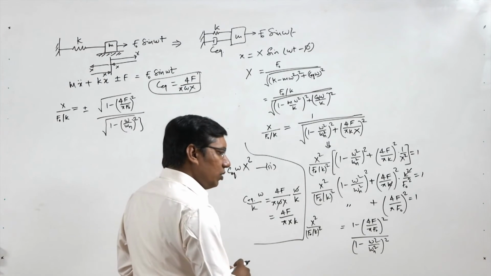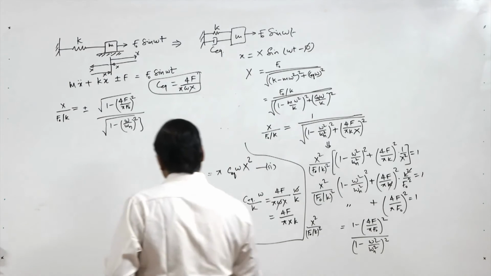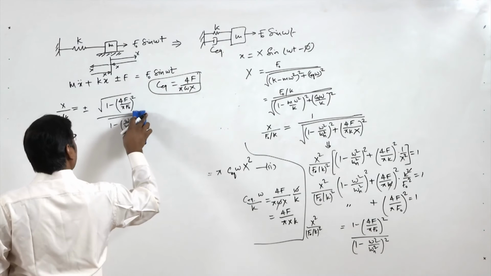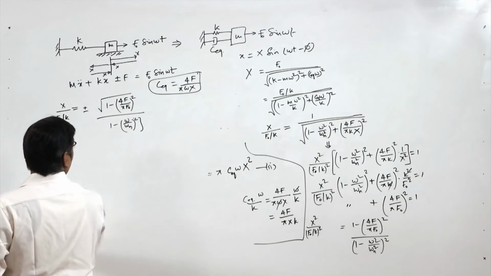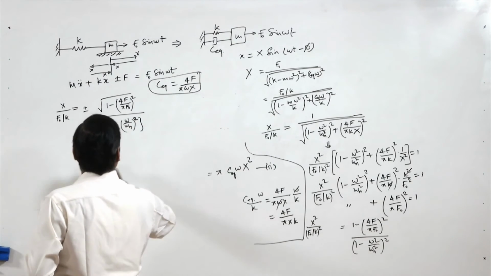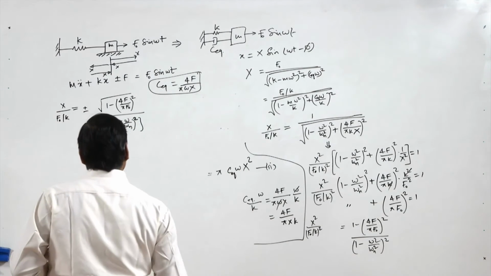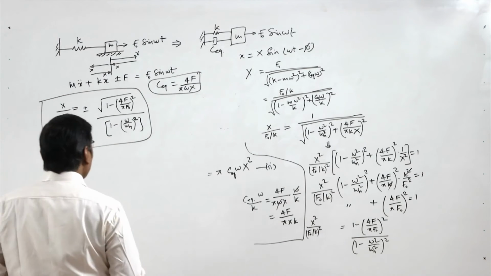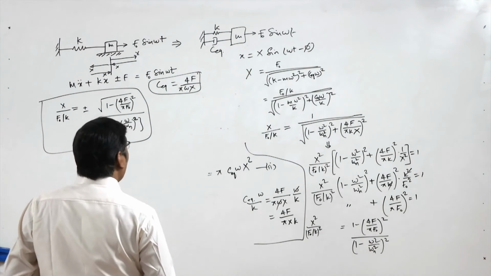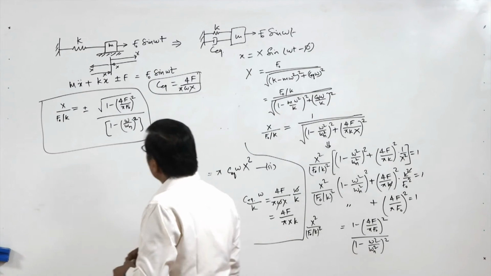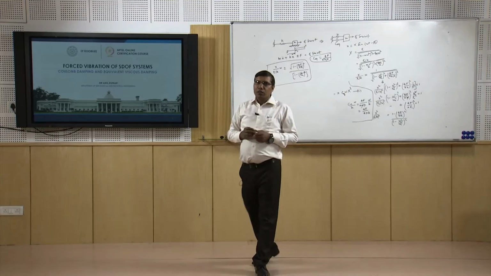Because we have a square, we will have only this term. So this is the x that we get, the amplitude of the response of this Coulomb damping system.